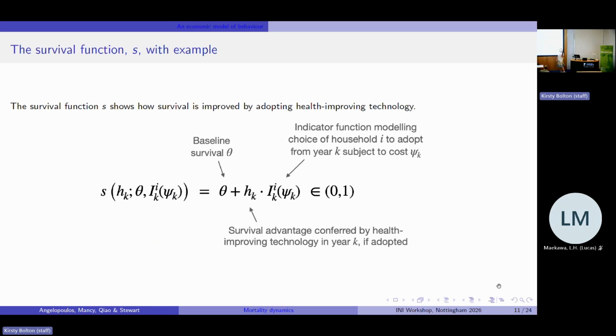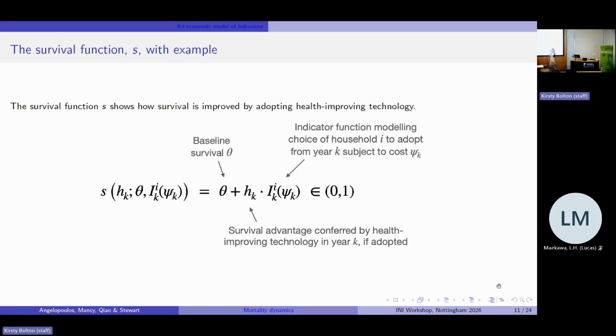So the survival function S shows how survival is improved by adopting health improving technology. So we can write it analytically kind of like this, but maybe an easier way to think about it is to look at a specific example. So this is just an example. You start off with baseline survival theta at the beginning of time, effectively, the maximum mortality rate.